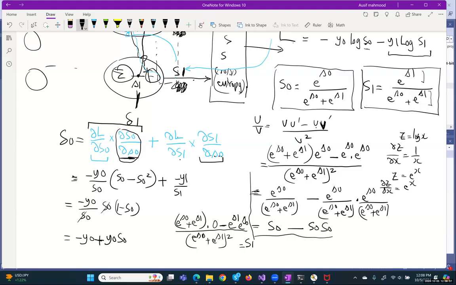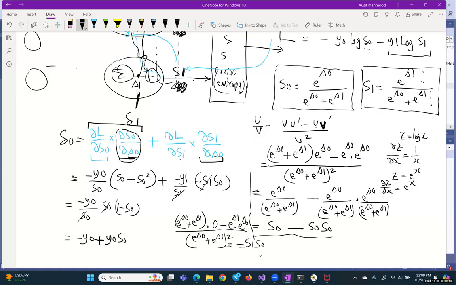Then if I focus on the second part and split the square again, e raised to the power S0 over e raised to the power S0 plus e raised to the power S1, that is just S0, okay? And of course, there's a minus sign there. So what I'm trying to say is this part turns out to be minus S1 S0, okay?